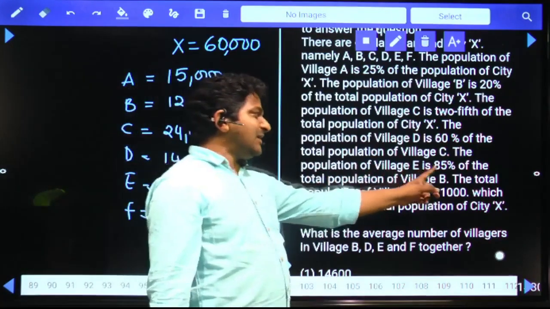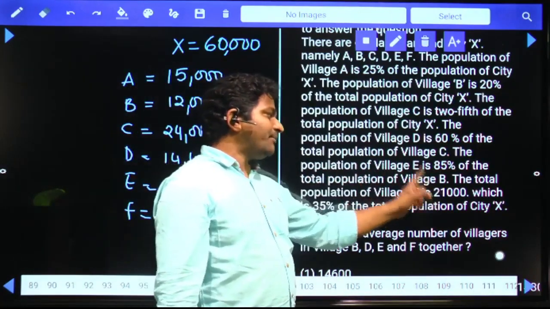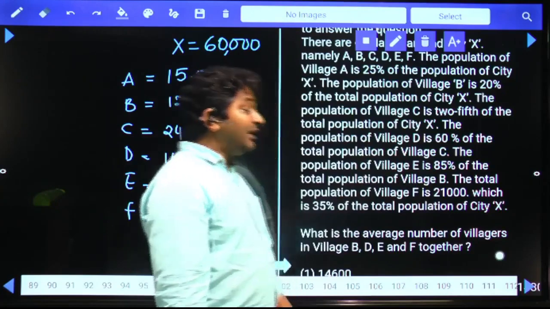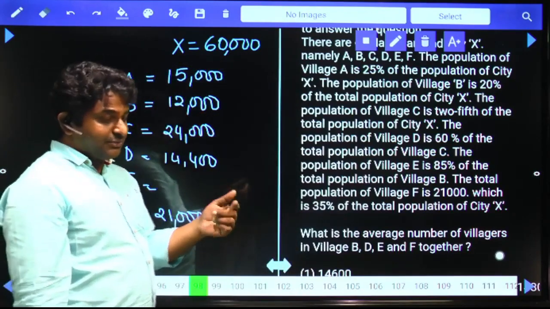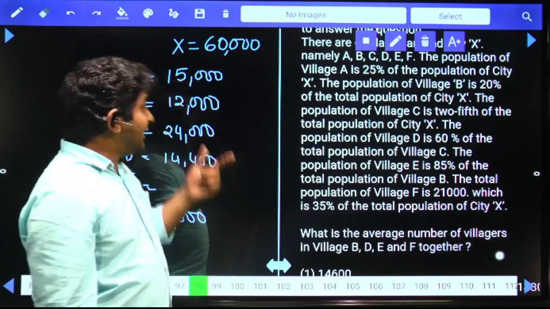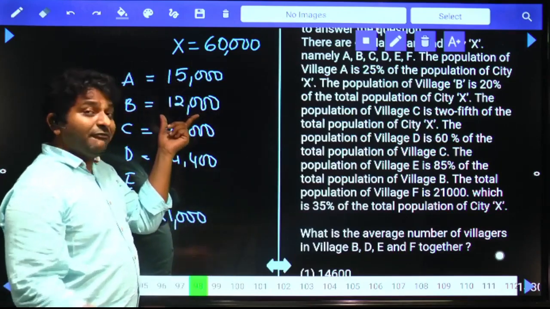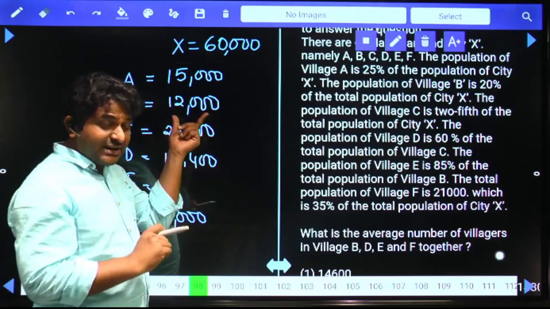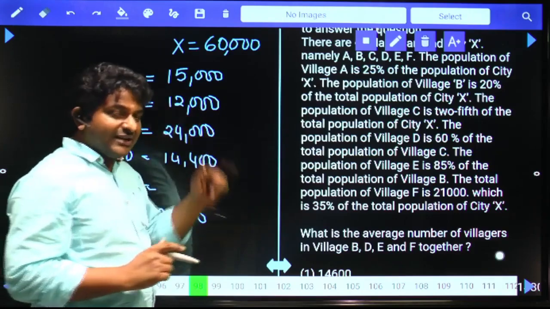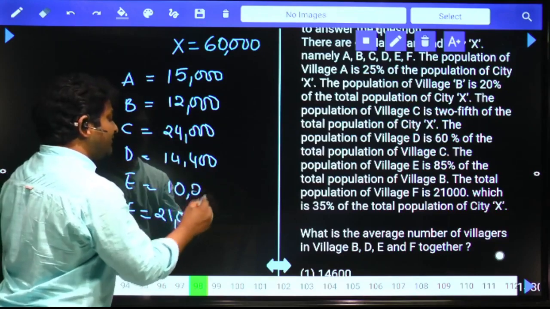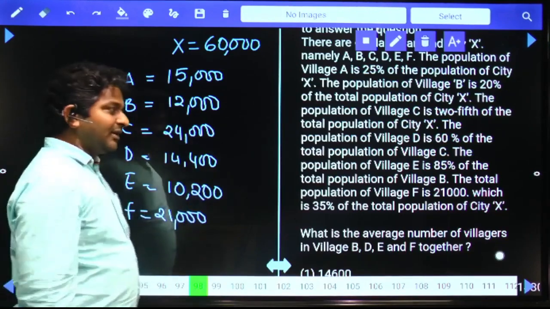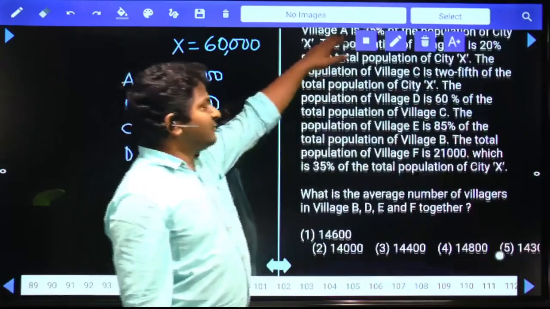Population of village E is 85% of the population of village B. Village B population is 12,000. Out of this, we have to calculate 85%, meaning 15% we have to subtract. 10% is 1,200. 5% is half of that, 600. 1,200 plus 600 is 1,800. When you subtract 1,800, you will get 10,200.